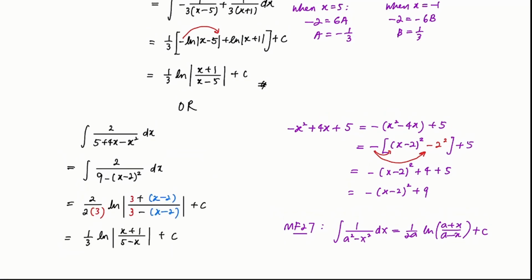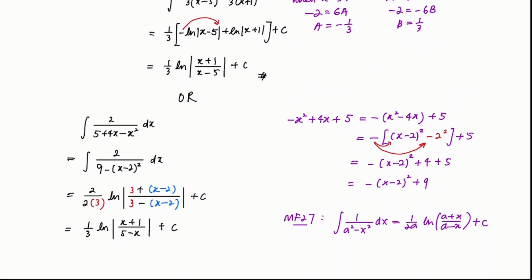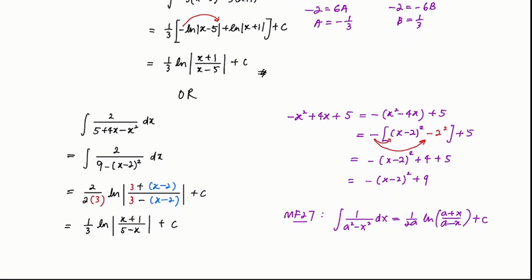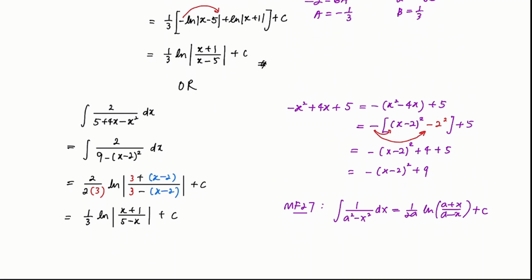At this point, you may wonder how come at the end of the day you get this and this, both with a weird denominator. But you need to take note that for the one below, I can do something like this, and then I can do something like this. Because of the modulus, whatever is negative would still be like this.